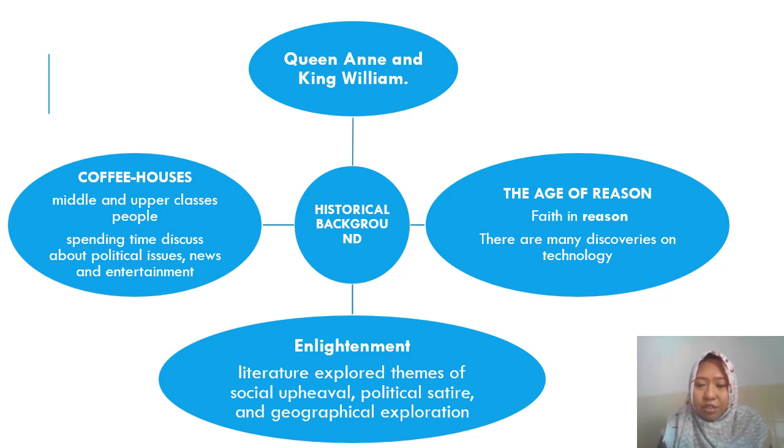As I stated before, this period is called the Enlightenment. Why? Because in this time, literature explored themes of social upheaval, political satire, and geographical explorations. Besides that, mass media like newspapers and magazines also colored the world of literature.